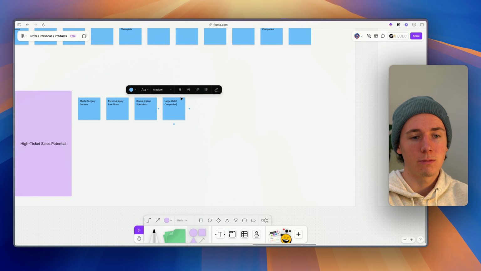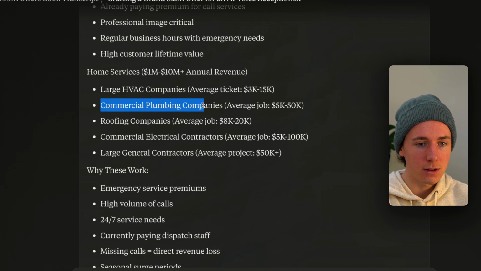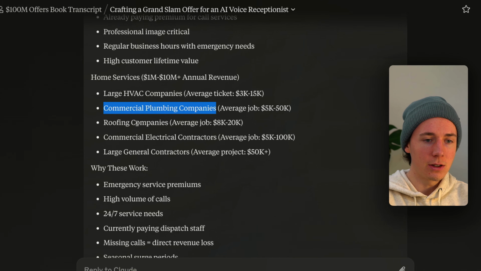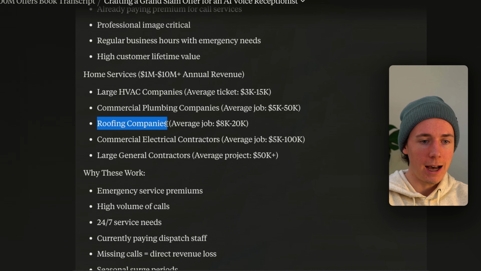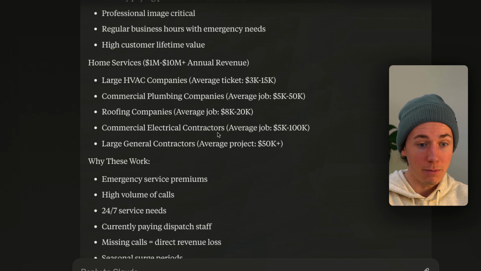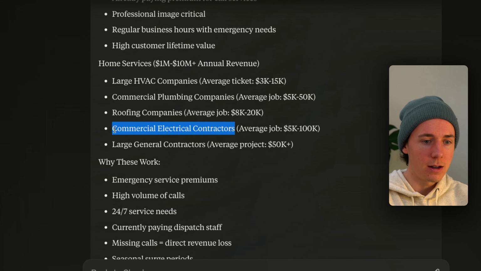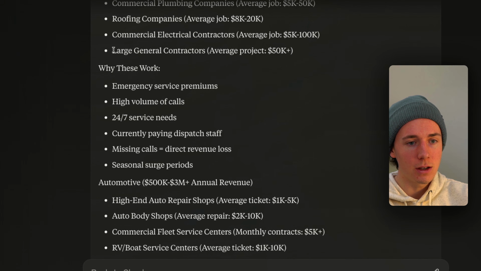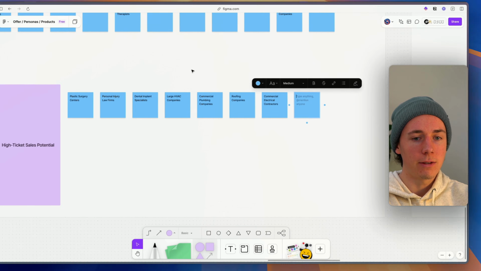This is actually probably where most of the money is. So you can start to see what this process looks like of really identifying what niches are going to be able to pay us to build this for them, and who is it going to be really valuable to.